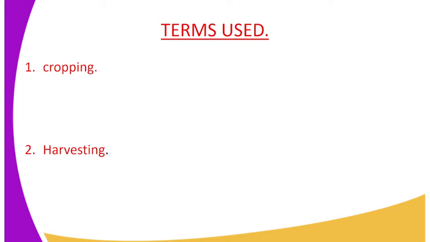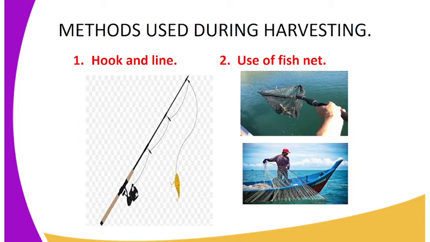There are various methods used during harvesting of fish, and one of the methods is use of hook and a line. As far as this method is concerned, it is not good because it normally leads to the injuring of the fish, because the hook normally injures the fish.